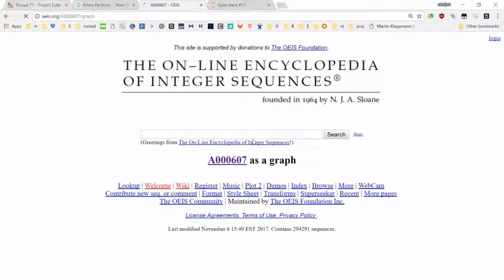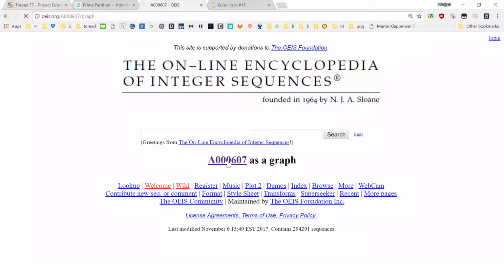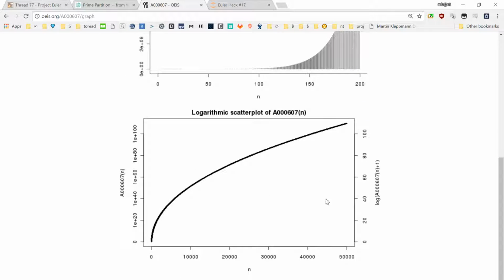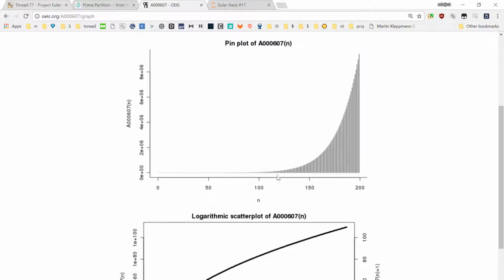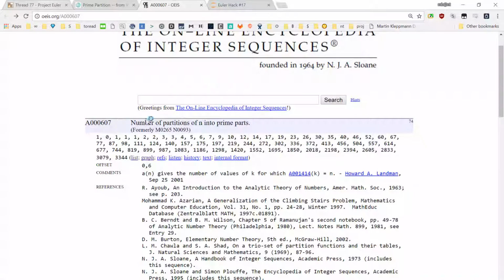I don't know how it's generating. Ooh, that much? Okay. So for 2 it's 1, for 3 it's 0, 1, it's 1, 0, 1, 1.